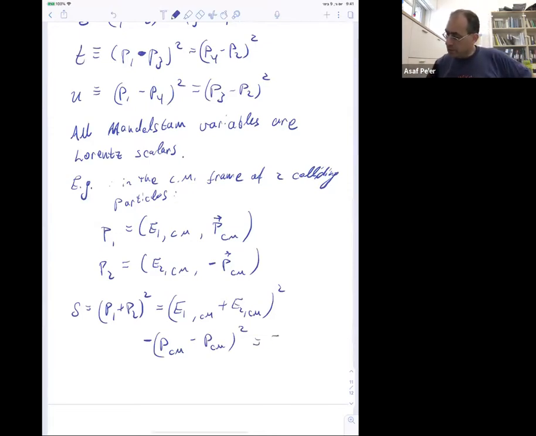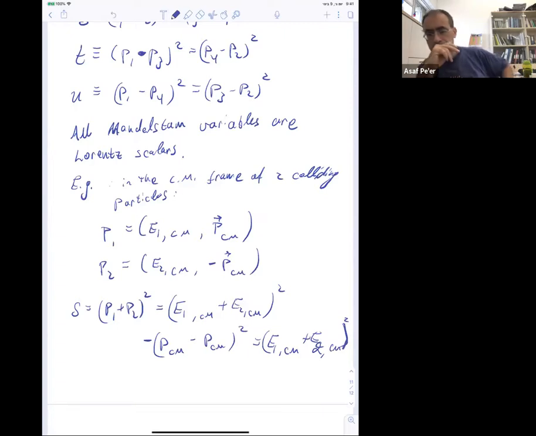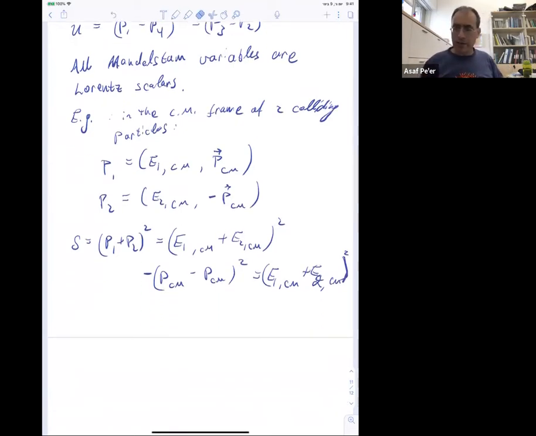P is the same, there's no need for a subscript 1. So this is just (E1_cm plus E2_cm) squared. Or in other words, S is a Lorentz invariant, so this quantity is the same in all frames. So the square root of S is simply the total energy available in the center of mass.